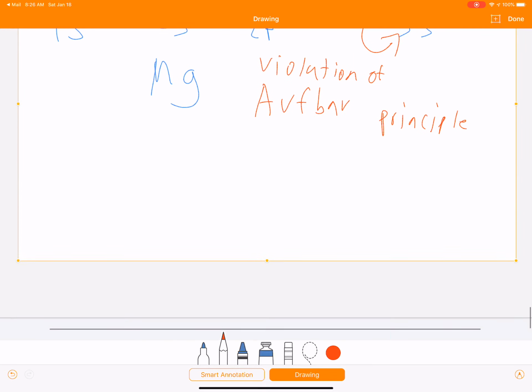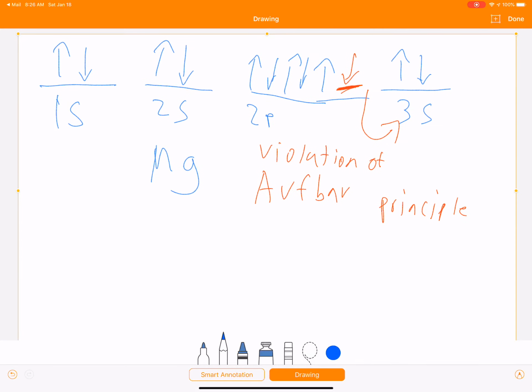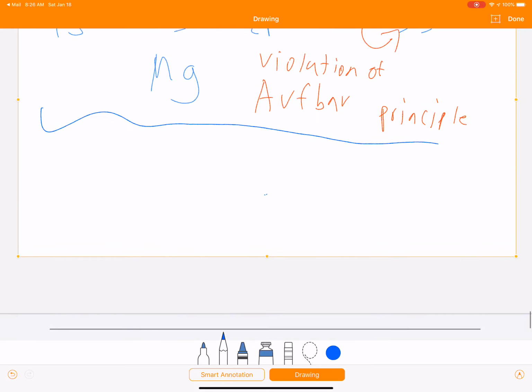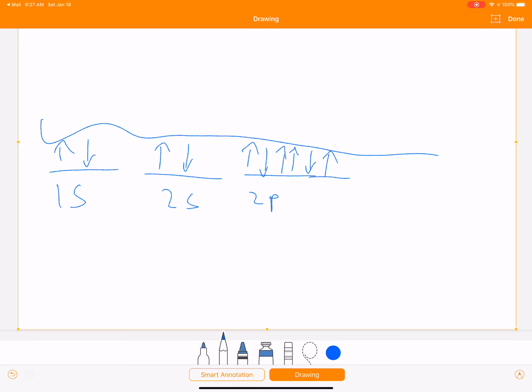Okay, moving along here. Okay, here is our next picture. Okay, so I'll let you take a look at that, see if you can find anything wrong.